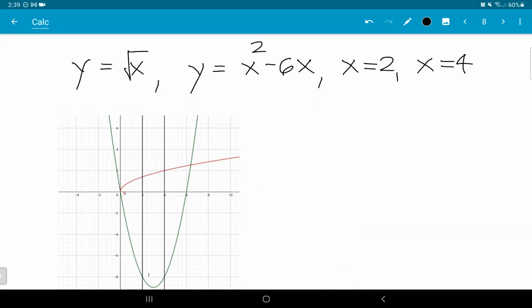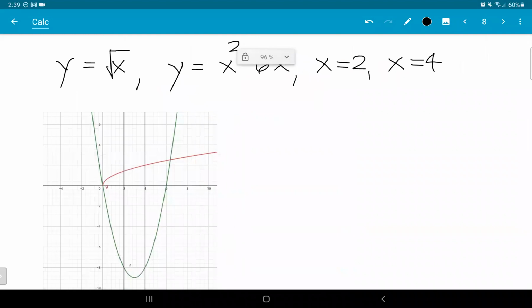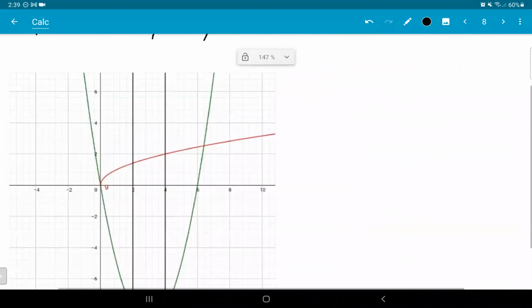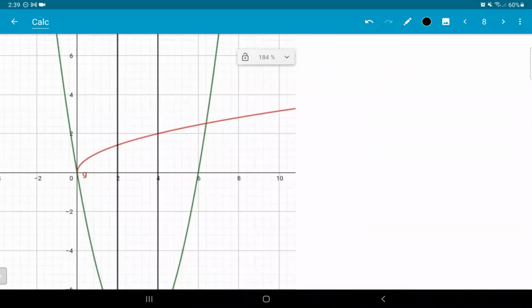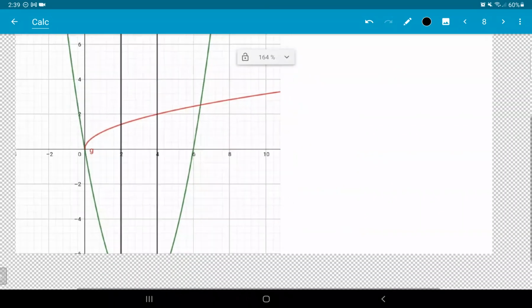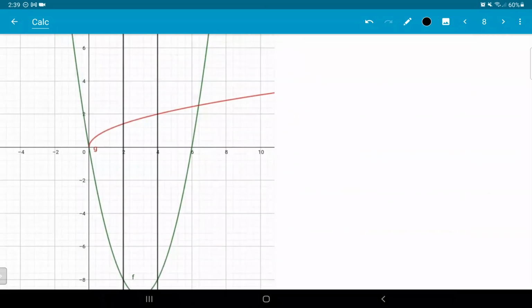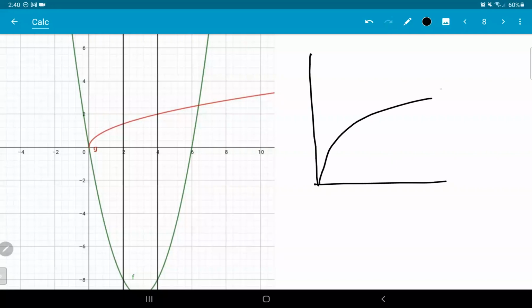Okay, let's see. If you have sketched the region correctly, this is y equals square root of x. Then you have your x squared minus 6x.